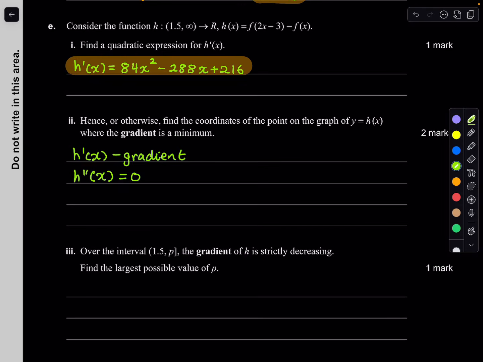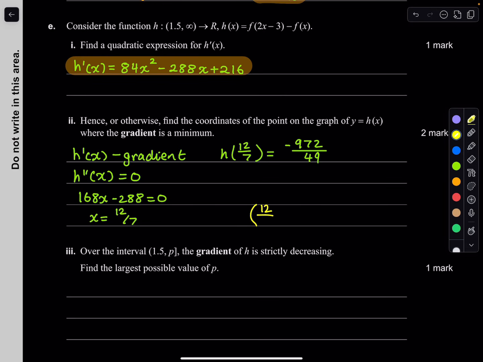When we derived it, the double derivative, we get this minus 20, copying it from my calculator, where x is equal to 12 over 7. And then I sub it back into our original function. We got negative 972 divided by 49. Hence, your final answer, so the coordinates is what? It is 12 over 7.